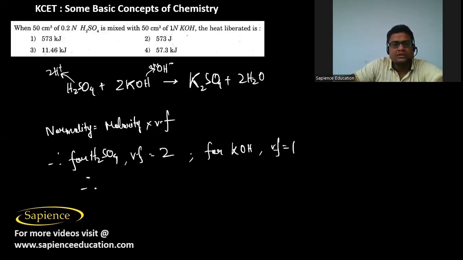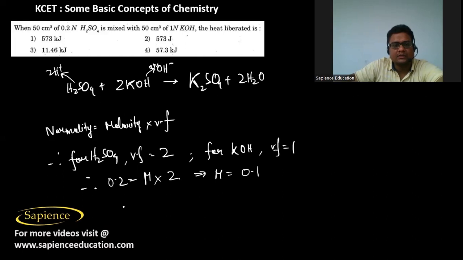So now, therefore, the normality of H2SO4, that is 0.2, is equal to the molarity of H2SO4 times 2, so the molarity is 0.1 only.